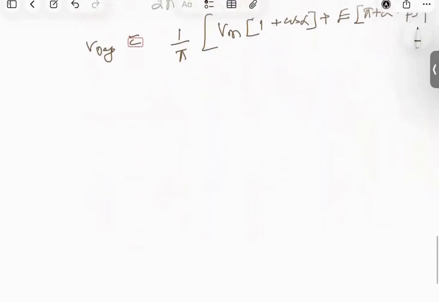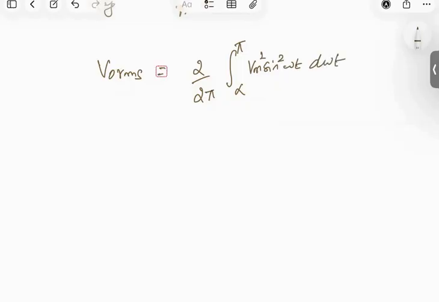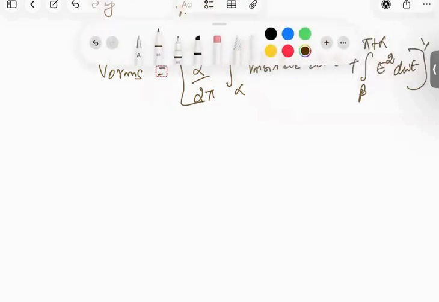Similarly, we can obtain V naught RMS, which will be equal to 2 by 2 pi integration from alpha to pi of V naught square, that is Vm square sin square omega t d omega t, and we will neglect the zero interval. Then from beta to pi plus alpha, V naught square is E square d omega t, whole to the power 1 by 2.